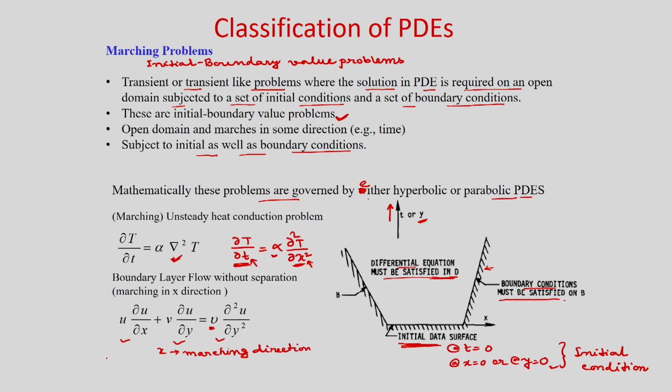If you see, you have, say, flow over a flat plate, and you have this boundary layer, and you need to solve this in a domain. Let us say this is your domain, then this is your x equal to 0, this is x equal to L, y is equal to 0 and y is equal to h.